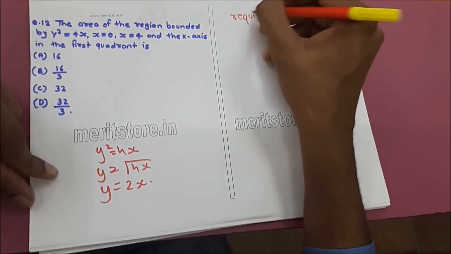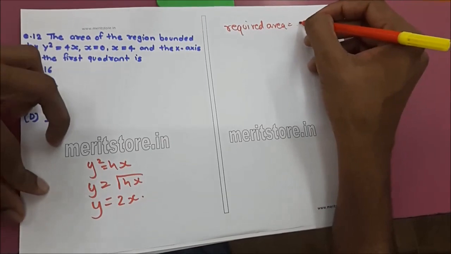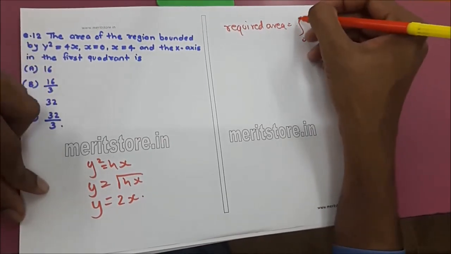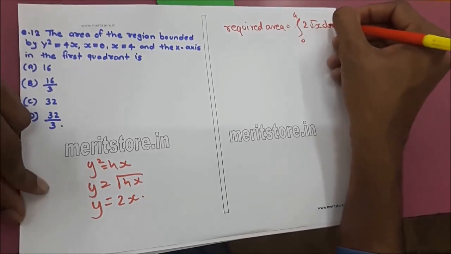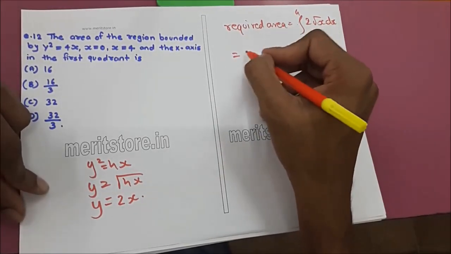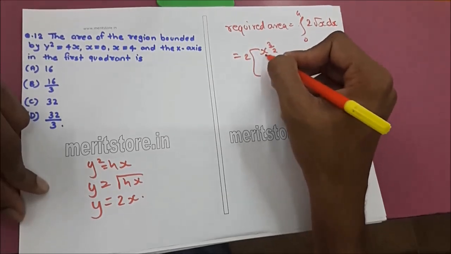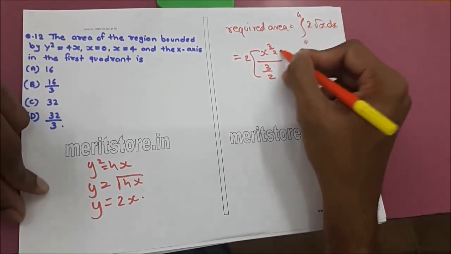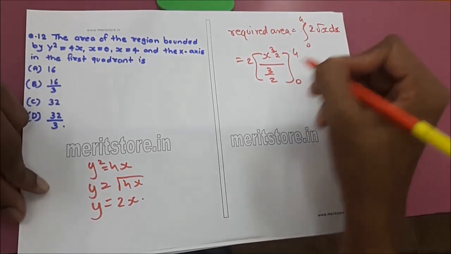So the required area is equal to the integral from 0 to 4 of 2 root x dx. Integration of root x is x raised to 3 by 2 upon 3 by 2, from 0 to 4.